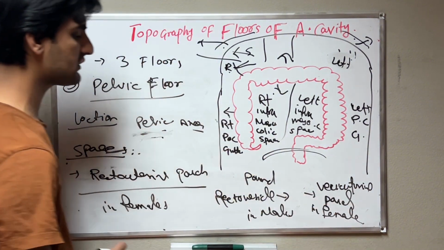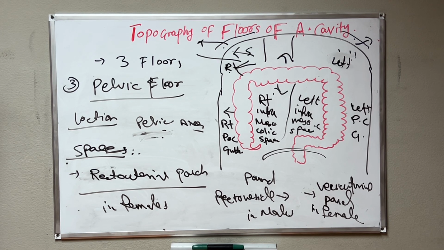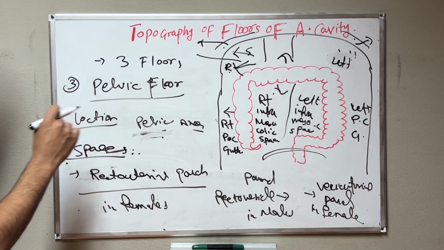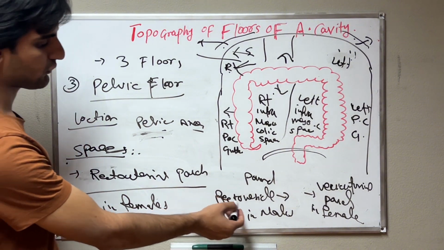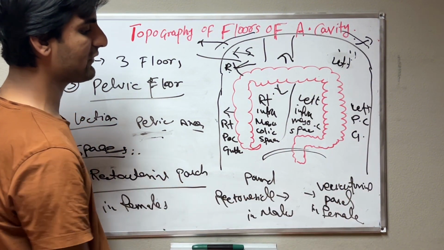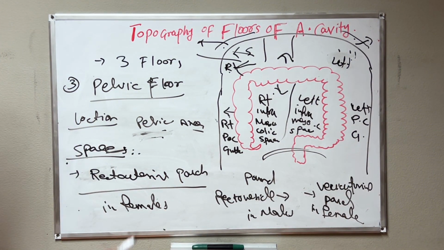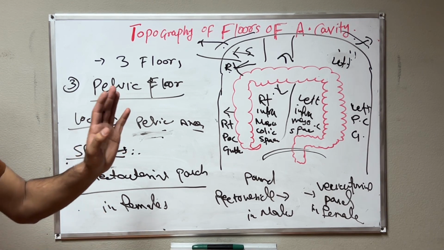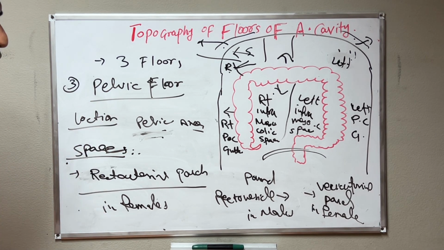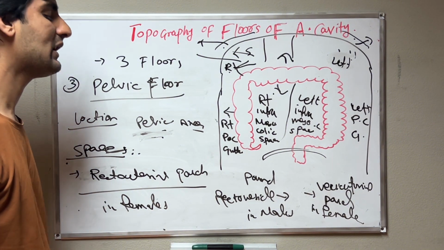These are the three pouches which are present in the pelvic floor. Okay, recto-uterine pouch in female, recto-vesical pouch in male, and vesico-uterine pouch in females. This is the topography of the floors of the abdominal cavity, which I told you is divided into three floors. First is the supramesocolic floor, then the inframesocolic floor, and then the pelvic floor.